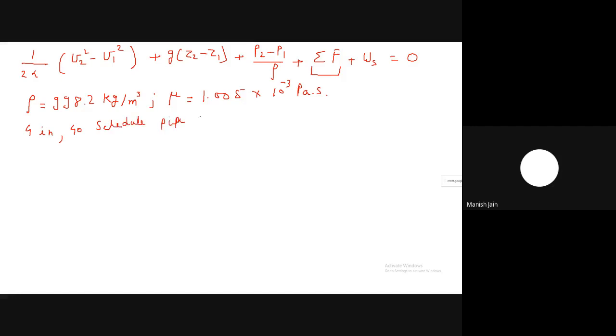If you check the dimensions of this pipe in the data book, you will get the value of D equal to 0.1023 meter, or area equal to 8.219 multiplied by 10 to the power minus 3 meter square.